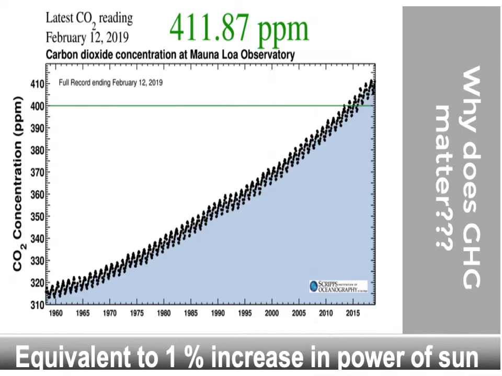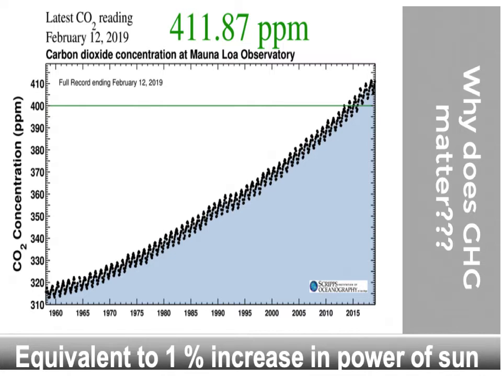If you see one of the latest readings of carbon dioxide at Mauna Loa Observatory on February 12th, 2019, it is 411.87 parts per million. How does it matter? It is equivalent to a 1% increase in the power of the sun. You can see over a period of time from the 1960s to 2019 there is an increasing trend of the temperature.